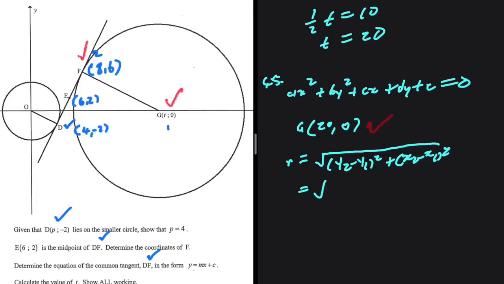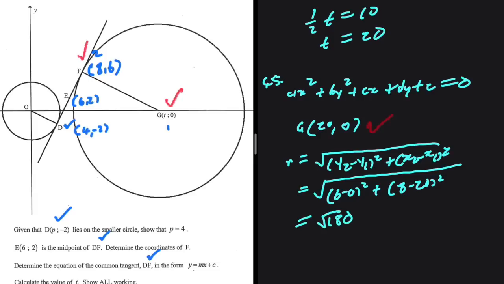So the radius is equal to, I'm taking F as the second point, so y is 6 minus 0 squared plus 8 minus 20 squared. Okay, so 6 squared 36, and then -12 squared 144, 144 plus 36 is 180. So I have the square root of 180.